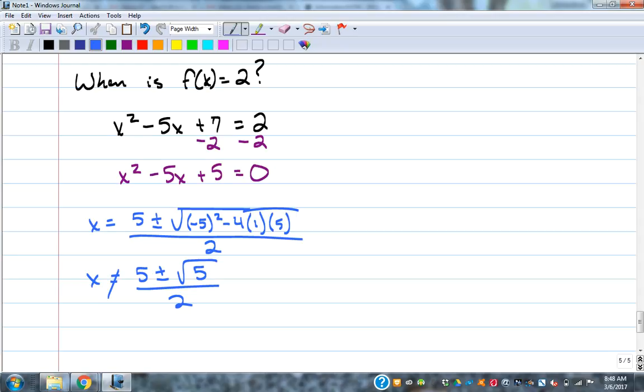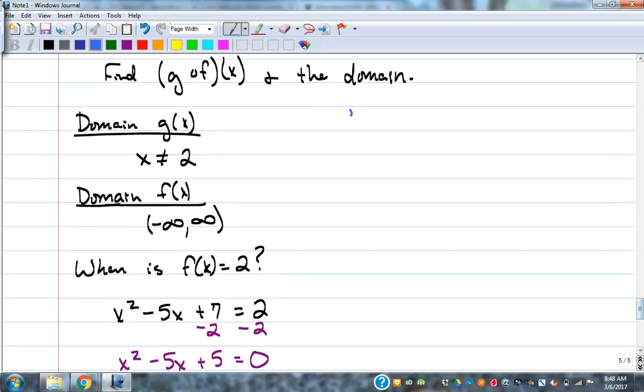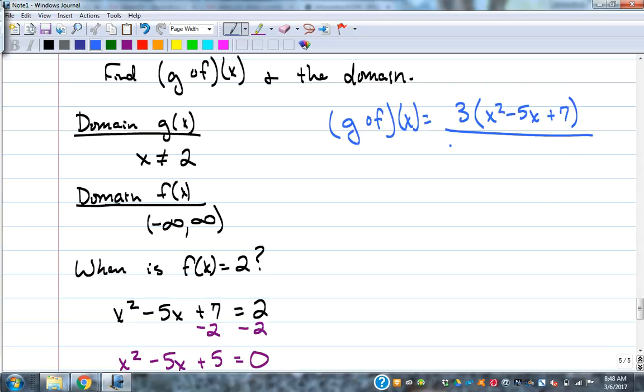Okay, so let's find that composite function. This one's a little easier because you don't have to deal with the fraction as much. So we've got G composed with F of x. Everywhere there is an x in the G of x function, we're placing F of x stuff. So that's 3 times x squared minus 5x plus 7, over x squared minus 5x plus 7 minus 2.